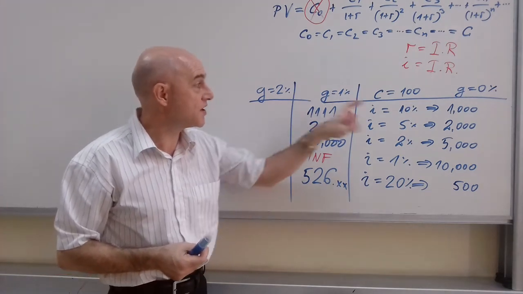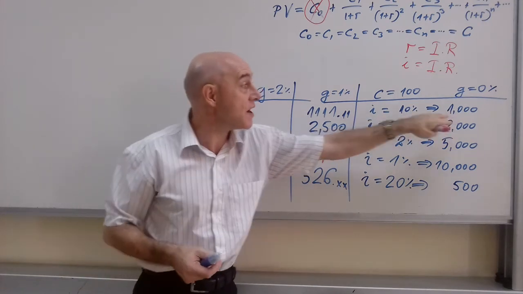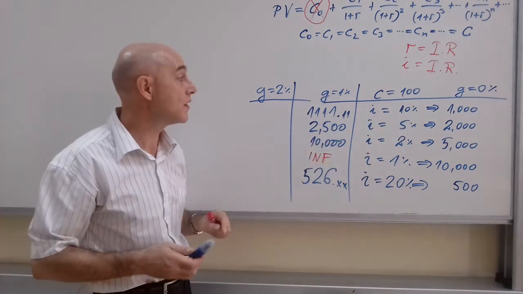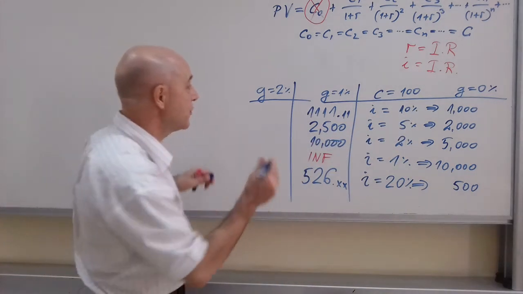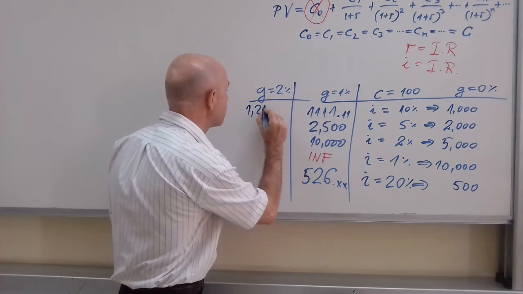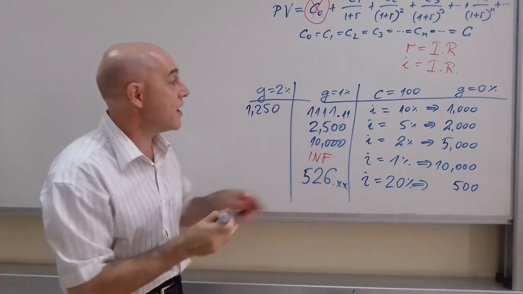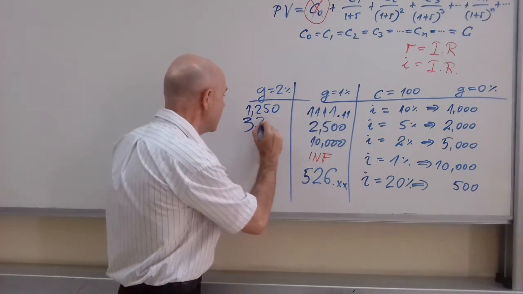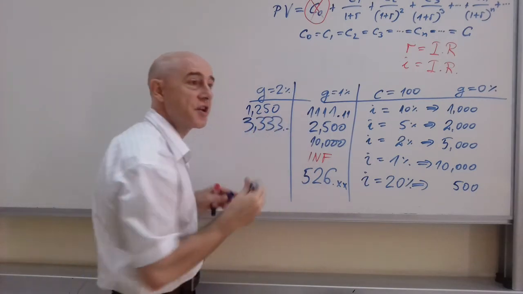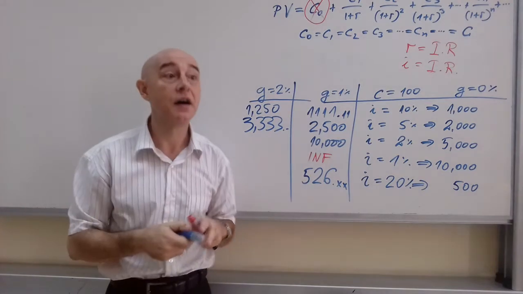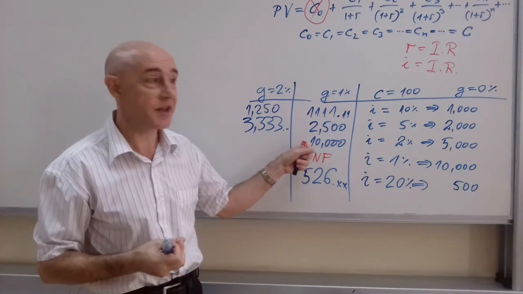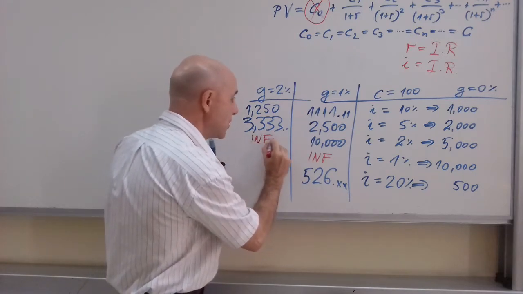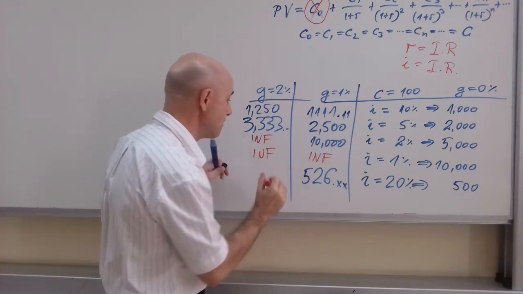The first one, at 10%, becomes 1,000 divided by 8%, which will be 1,250. Next one, at 5%, will become 333.33. Yes. And at 2% it is infinite, impossible.